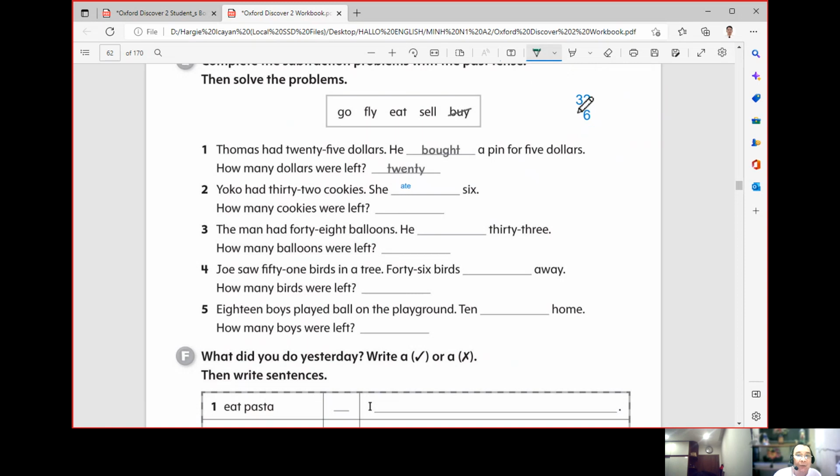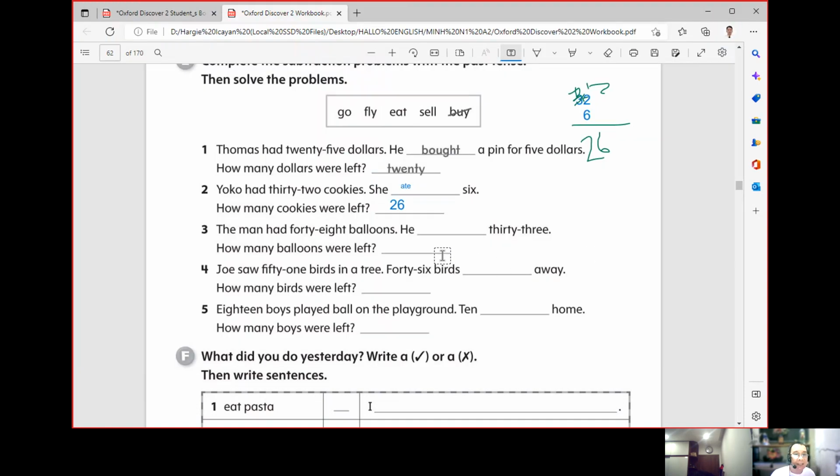The 2 here becomes 12, and the 3 here becomes 2. Then compute. Of course, it's 6. And then we have 2. So the correct answer is 26. Okay. Very good.